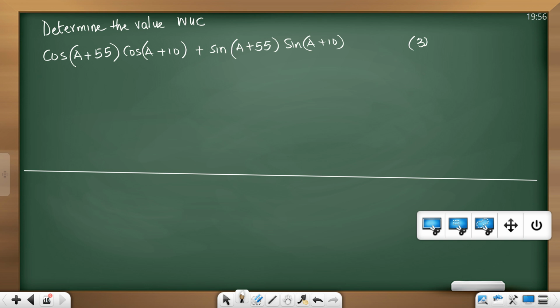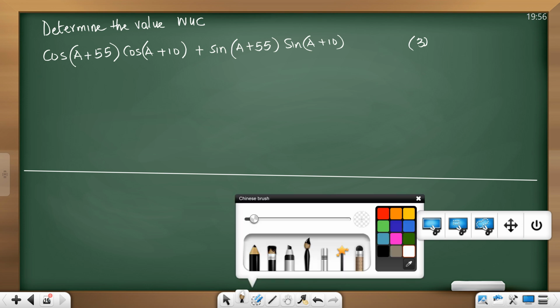I don't remember the exact value, but I know it's sigma cos squared A, where A goes from, I don't know whether it's 38 to 52. What is 38 plus 52? 90. It's the one.